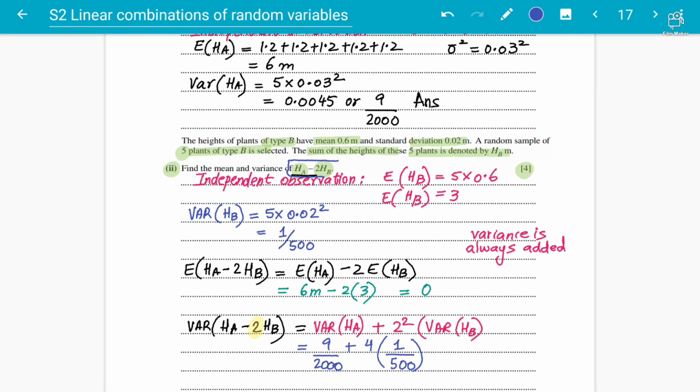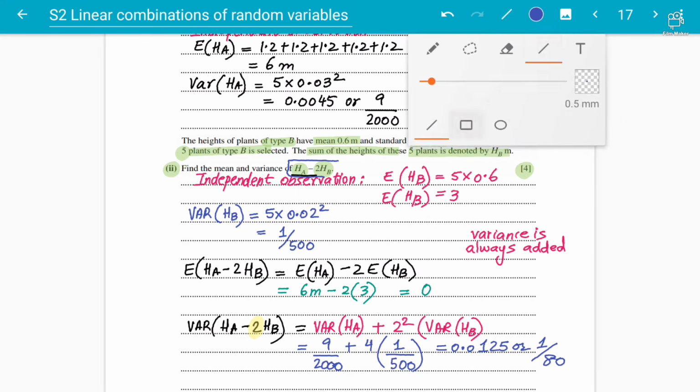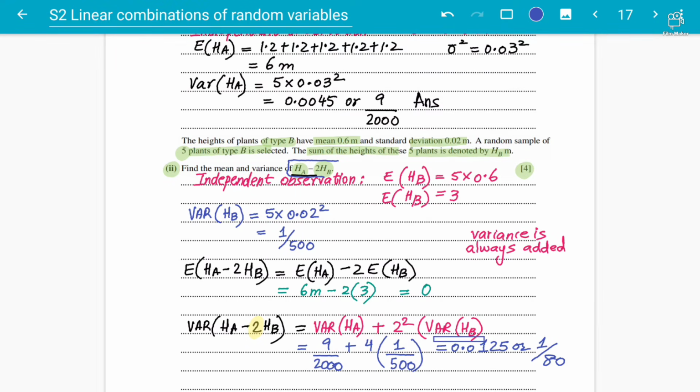If we are doing it correctly, the answer should match the marking scheme, and we should be getting 0.0125, which is correct with the marking scheme as well, or in fraction form it should come out to 1 over 80. So let me just highlight that and put it in a box.